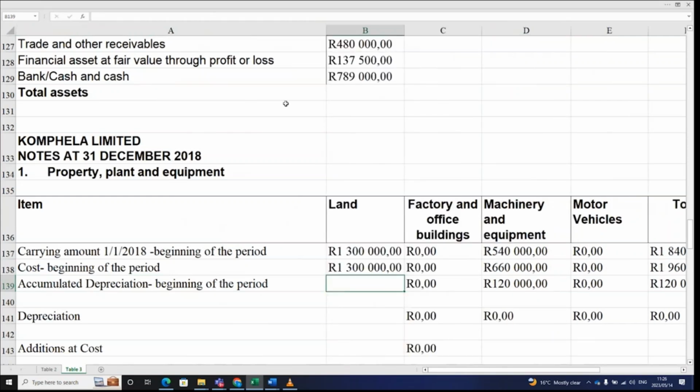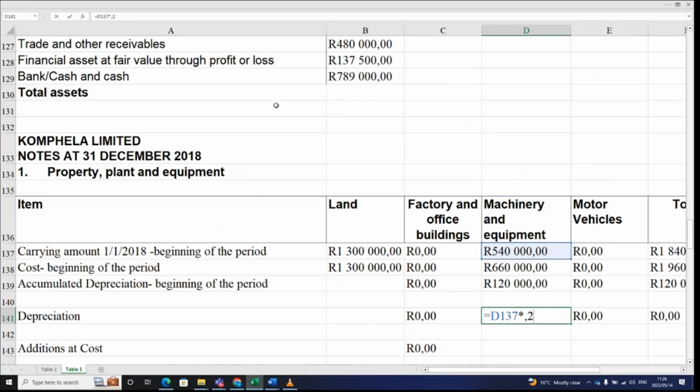Then the depreciation of this, since it's the reducing balance method, is the carrying amount multiplied by 20%.